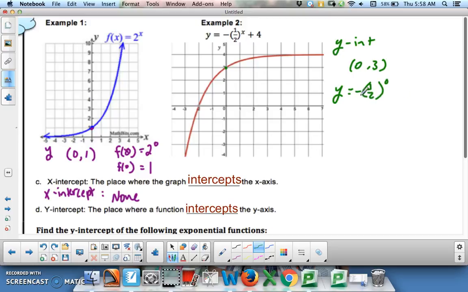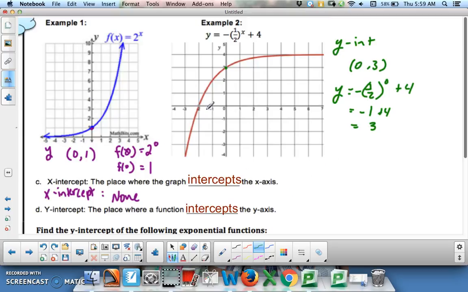That negative's got to be on the outside because it's not getting raised to the exponent. Well, (1/2)^0 is 1, so I have -1 + 4, which is 3. So my y-intercept is (0, 3), because I plugged in 0 and got out 3.